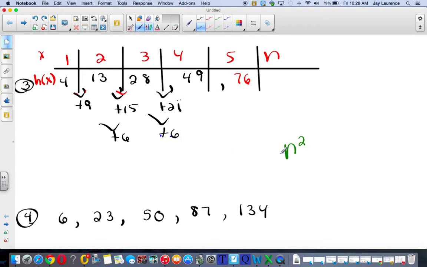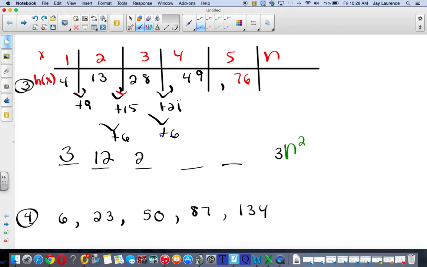This would be plus 21. Look at that. Second difference is plus 6 every time. So maybe I should try a 3n squared. 1, 2, 3, 4, 5. So I'm going to put 1 in here. I'm going to square 1. 1 times 1 is 1. Times 3 is 3. All right, 2 squared is 4. Times 3 is 12. Hey, I'm liking how this is looking. 3 squared is 9.